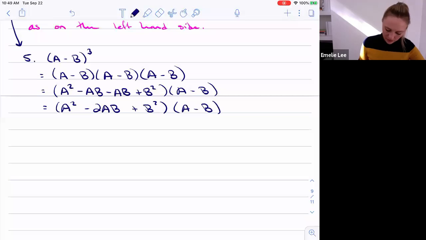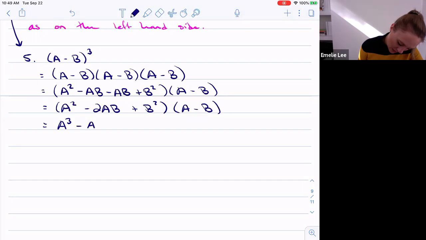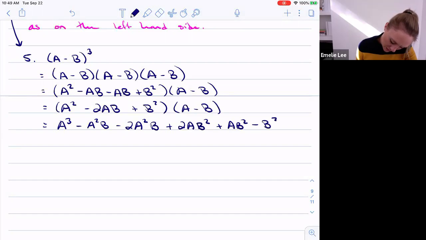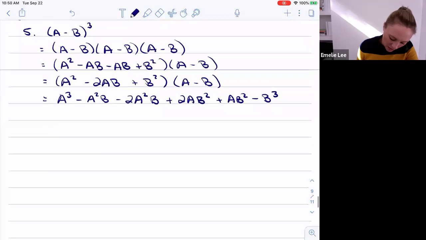Now I can expand this on, so a squared times a is a to the 3, times a squared minus b, so minus a squared b. Moving on to the minus 2ab and distributing that, negative 2ab times a is negative 2a squared b. Negative 2ab times negative b is plus 2ab squared. And then b squared times a, so plus ab squared, minus b to the 3. Really picking up the pace because I'm in my last minute here.